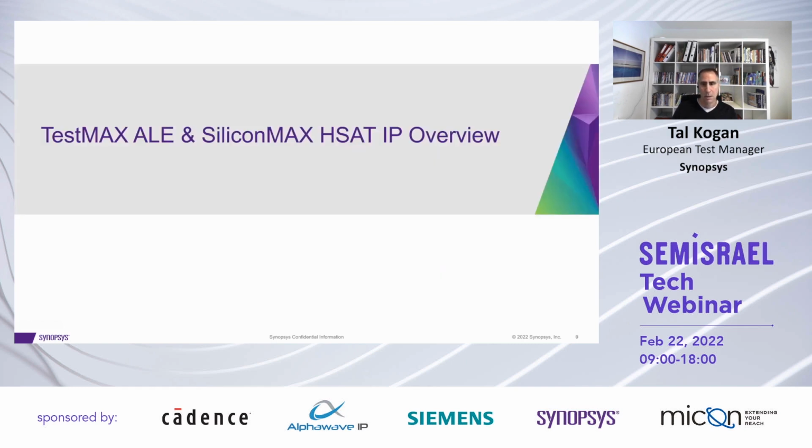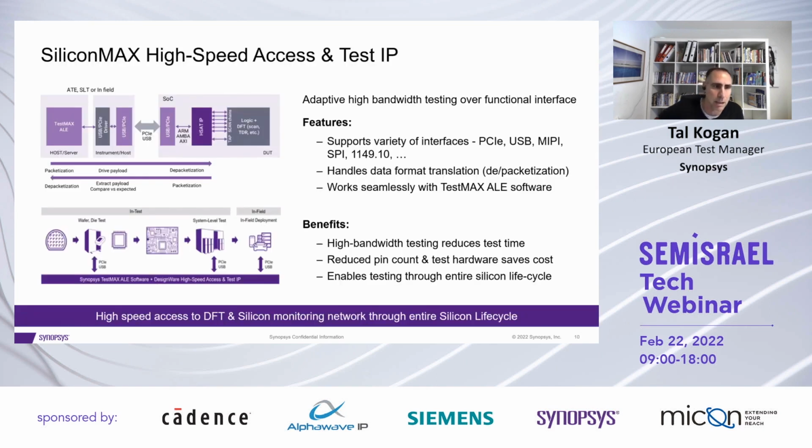Okay, so what is the solution that I'm mentioning here? It's actually a combination of the TestMax ALE software that we have and the IP, the Silicon Max HSAT high-speed access and test IP. So let's talk about that for a second.